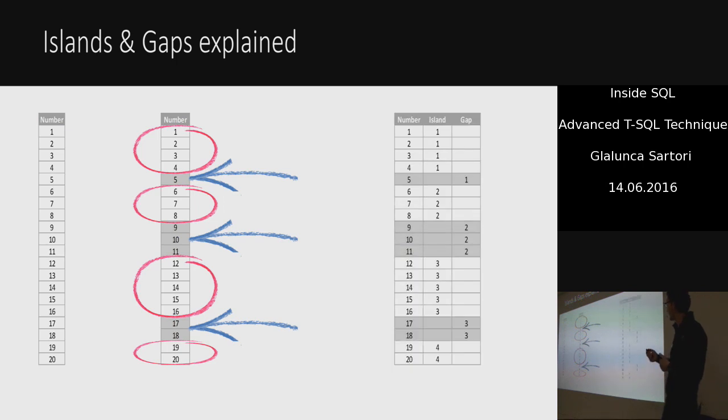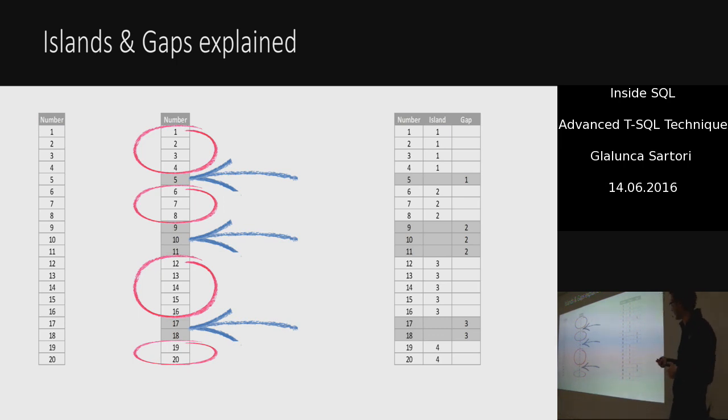What you want to obtain in the end is something like this. The first island is the one between 1 and 4. There's a gap here, it's the first gap, and then the second island and third island, and these are the gaps. So one thing to note, you always have one gap less than the number of islands.